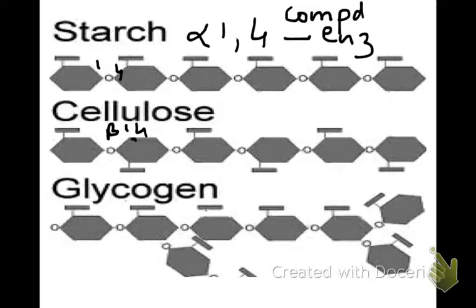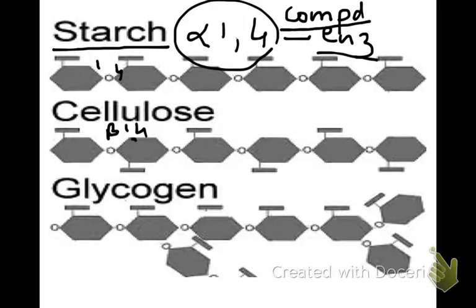So my point is, if there is a compound, there is an enzyme for it. But if you notice, every one of us who can eat and consume has an enzyme which can break down this alpha 1,4 linkage, and it's a happy story. But not so for cellulose.